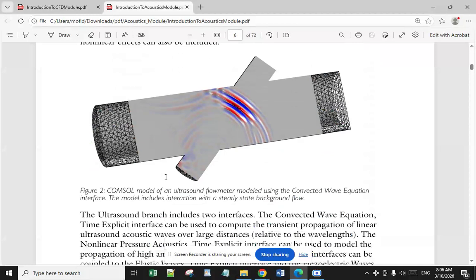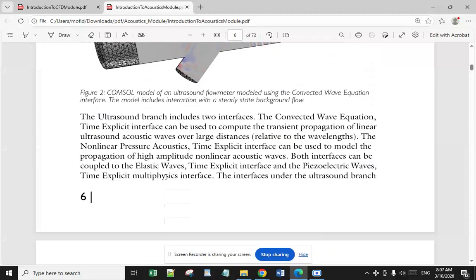The first figure shows a COMSOL model of an ultrasound flow meter modeled using the convected wave equation interface. The model includes interaction with a steady-state background flow. The ultrasound branch includes two interfaces: the convected wave equation, time explicit interface can be used to compute the transient propagation of linear ultrasound acoustic waves over large distances relative to the wavelength.